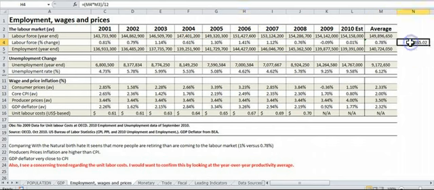So look what happens if we do that. If I take 1.12, let me take out this formatting here, clear formats.